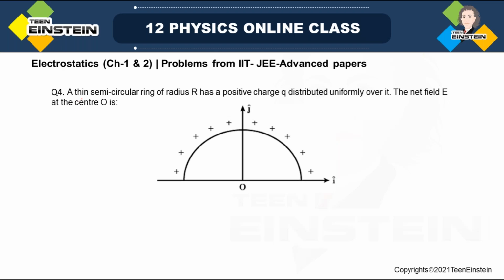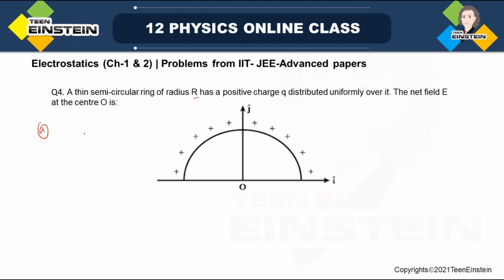The problem says a thin semicircular ring of radius capital R has positive charge Q distributed uniformly over it. What will be the net electric field at the center? You have to find that. So let me give you the options here.